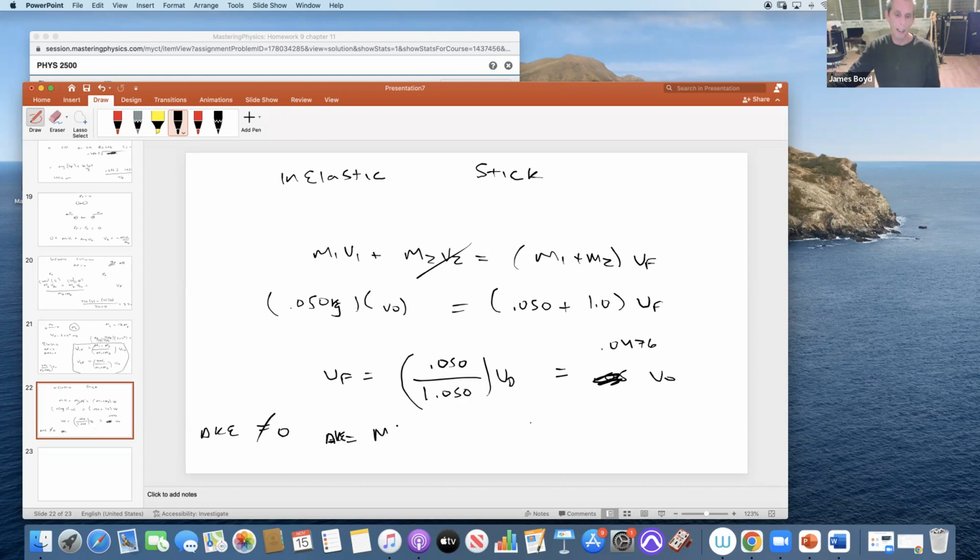And that is M1 plus M2 V final squared over 2 minus M1 V initial squared over 2.